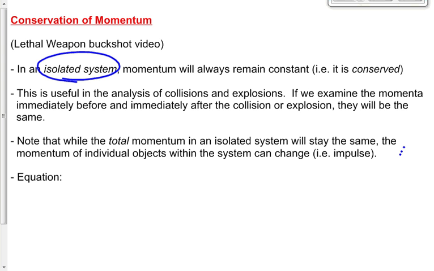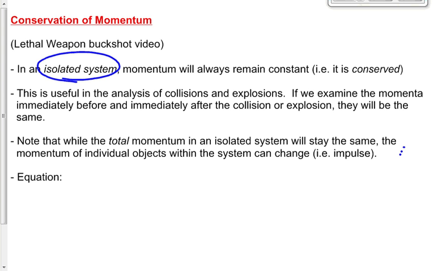But the system won't gain or lose momentum. So if we're looking at the entire system, the total momentum will remain the same. If we're analyzing you, who's colliding with somebody else, you may very well gain or lose momentum, but the system won't.